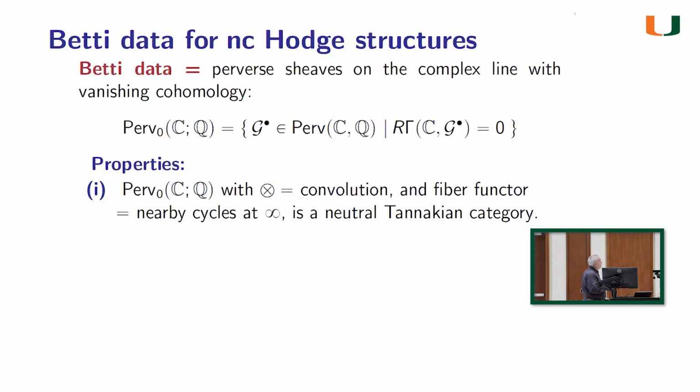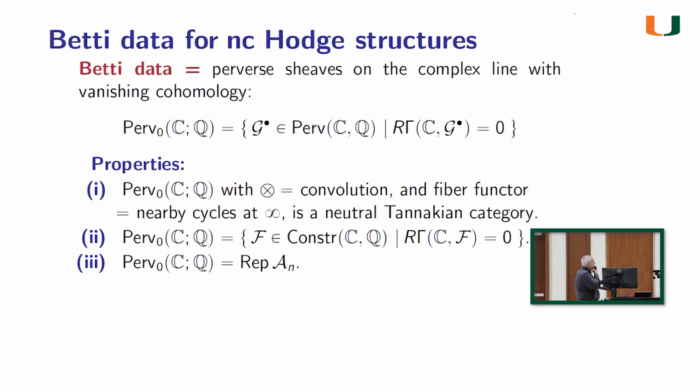And it has a fiber functor, which is the nearby cycles at infinity. And it's a neutral Tannakian category, which is kind of a Betti version of the category of exponential motives. It has several different descriptions which are useful, and actually has one more that I'm going to explain later, which is this de Rham description, which is what you need for the non-Archimedean setting.